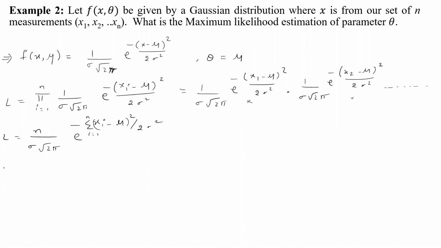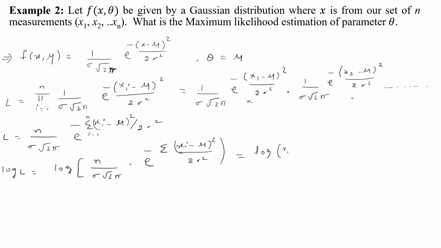So now when you take the log, you will get log of (1 divided by sigma root 2 pi) to the power n into e power minus summation of xi minus mu whole square divided by 2 sigma square. So break this log into log of (1 divided by sigma root 2 pi) to the power n plus, when you take log here, this will be log e power of this term.